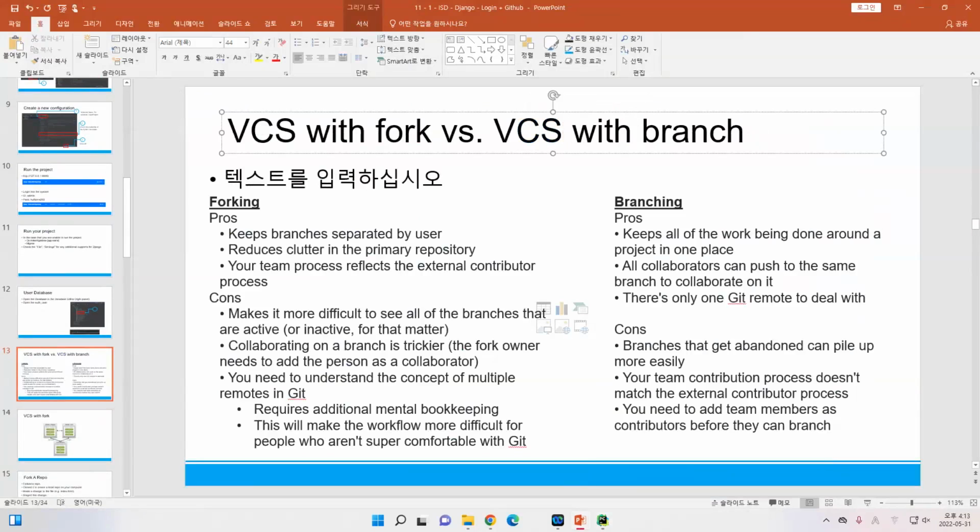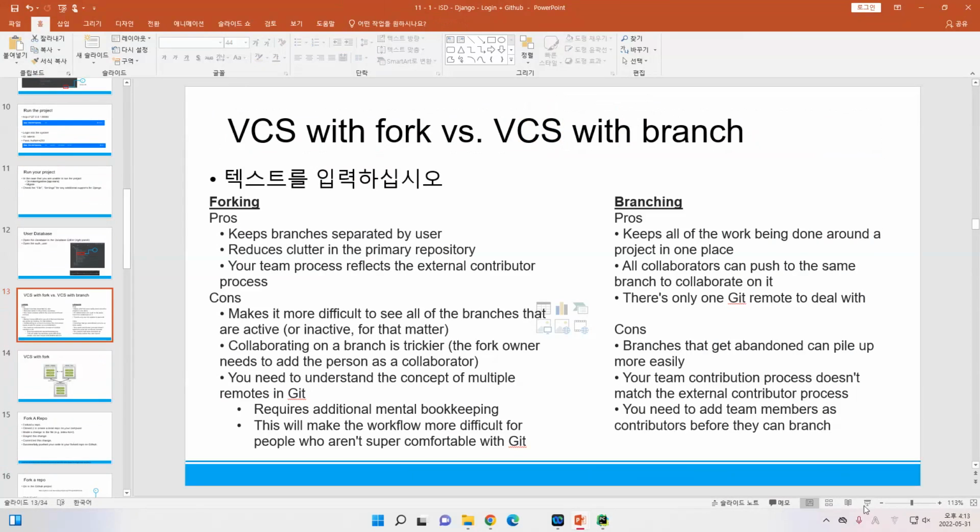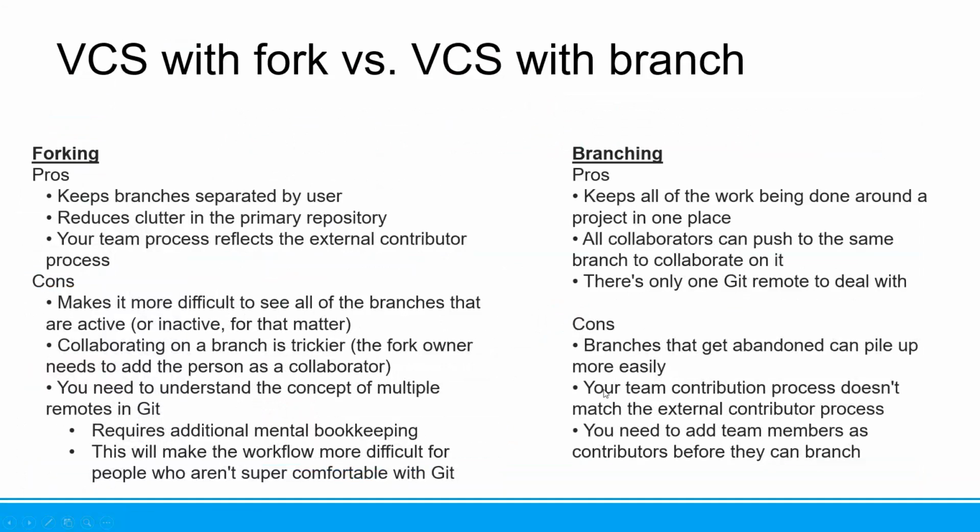Before I enter a new section, I would like to explain about PCS with fork and PCS with branch. We call it forking for the left part, and we call it branching for the right part. Forking means we keep branches separated by the user. So I have user one, and I read there are many GitHub repositories available. There is another user two.